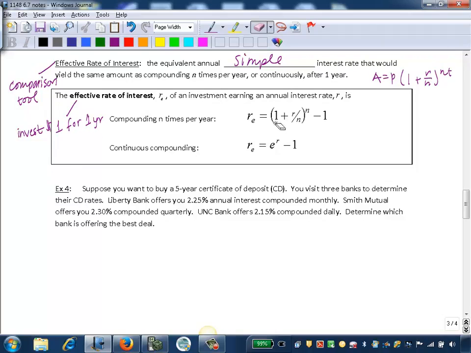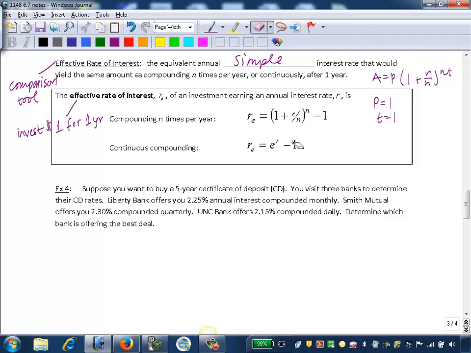I'd rather you avoid having to memorize this, because this is just our compound interest formula with a P of 1 and a T of 1. We're investing $1 for 1 year. And again, it's just a nice, easy comparison tool.